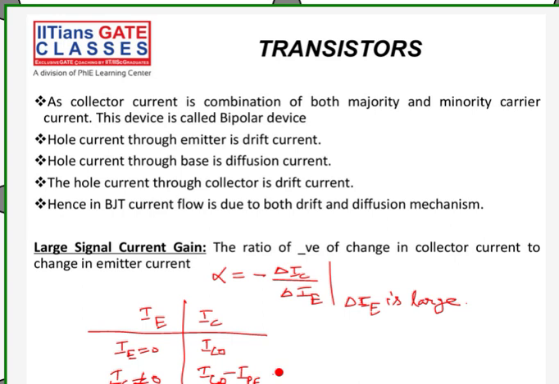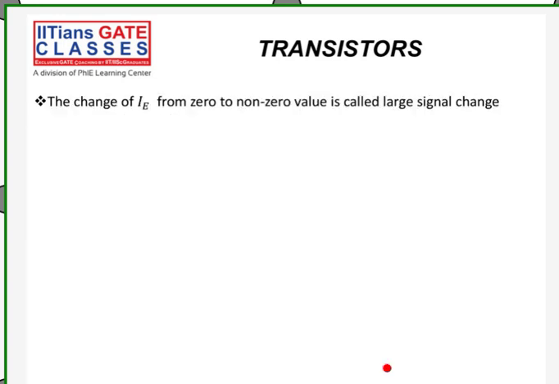So this is large signal change. Here I can write delta IC is equal to ICO minus IPC, that I already gave, minus ICO, that is equal to minus IPC.